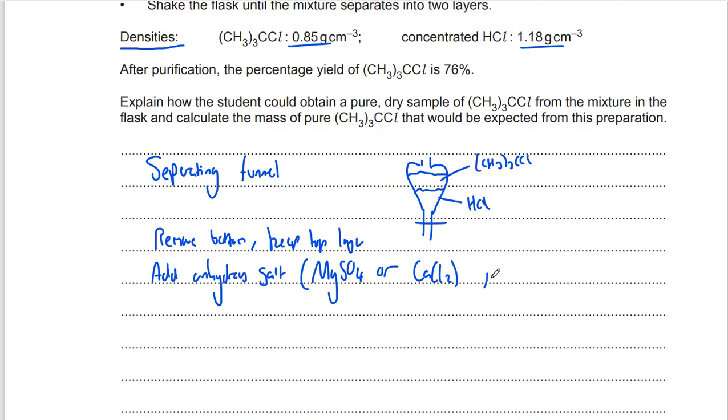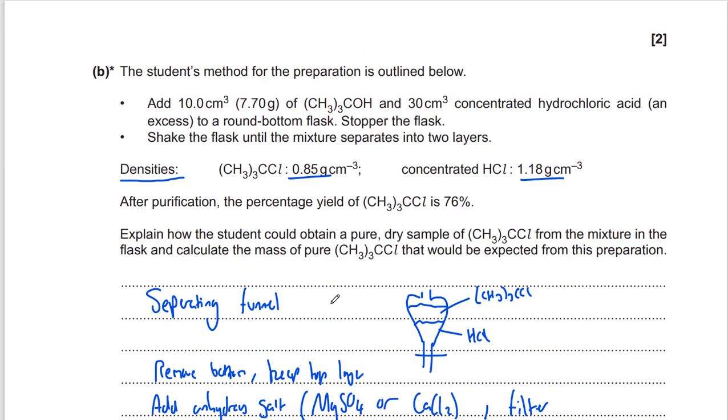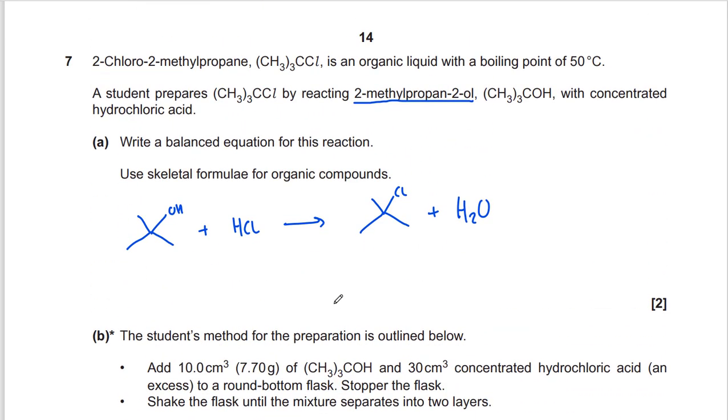Then if you want, you can filter to remove the salt, obviously. And then the important thing is you redistill the product, and specifically you want to redistill it at the boiling point of the product.